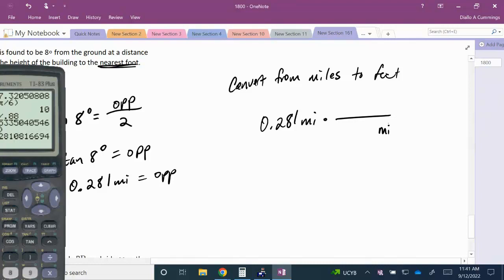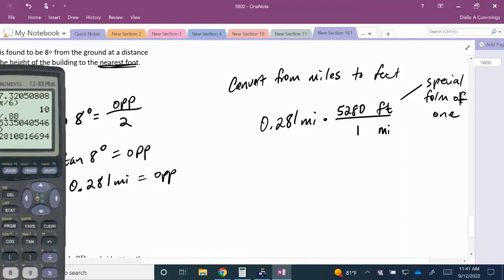So I'm going to put miles in the denominator and feet in the numerator. 1 mile is equal to 5,280 feet. Right? So this is really just a special form of 1. Right? Because anything over itself is 1.